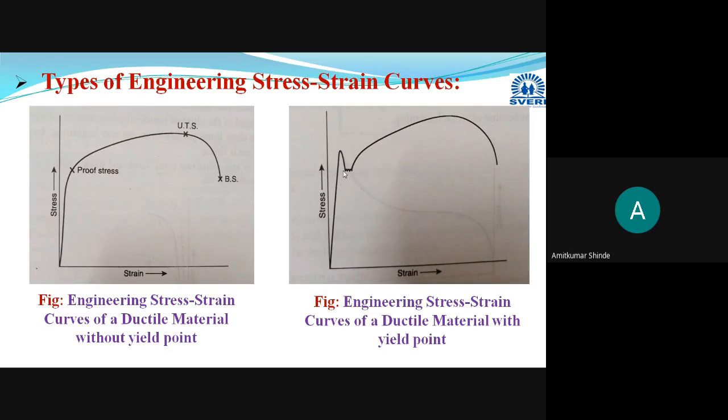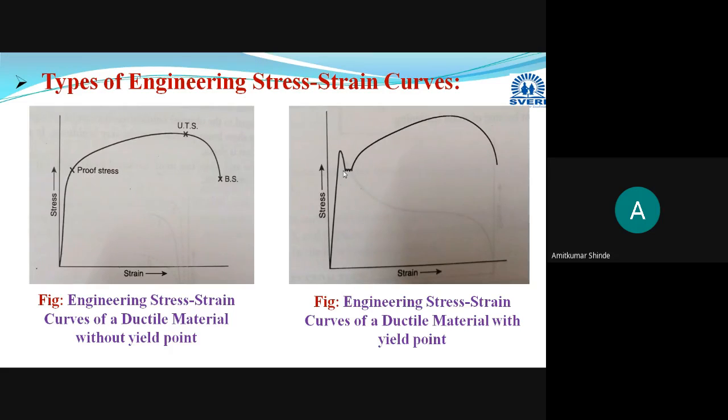Now, this question is very important. Instead of asking about the actual tensile test or tensile testing procedure, lots of times they have asked the stress strain curve for ductile material, then the stress strain curve for brittle material.